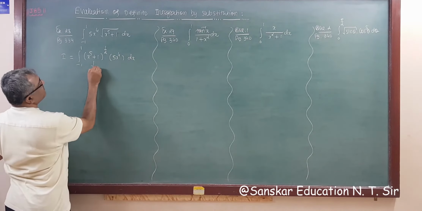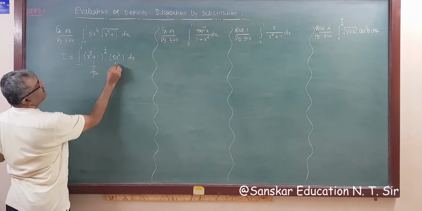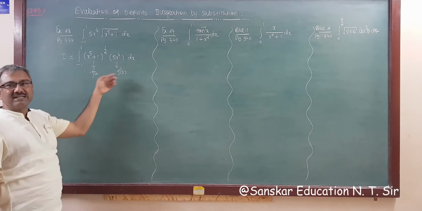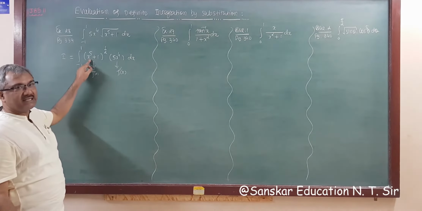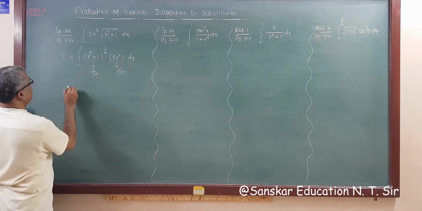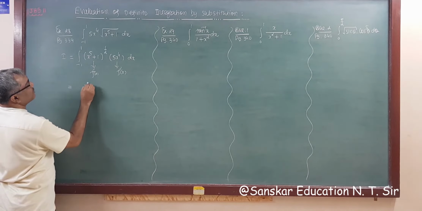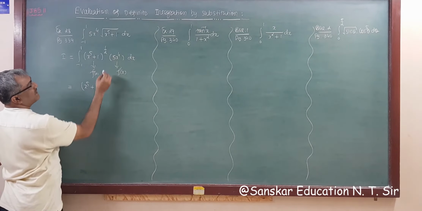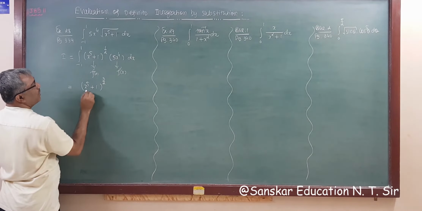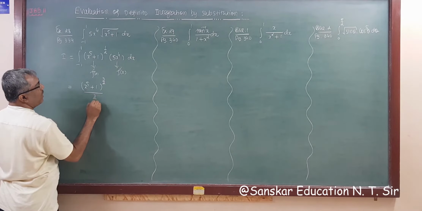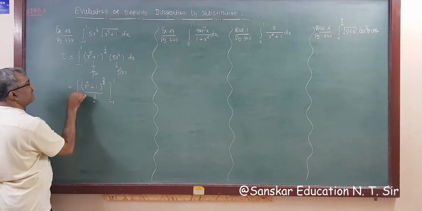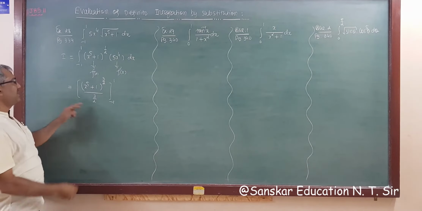If we consider this as f(x), then this is your f'(x). Applying the formula of f(x) into f'(x), the answer is one power more. So x raised to 5 plus 1 raised to one power more, half plus 1 is 3 by 2, upon 3 by 2. And the limit is from minus 1 to 1. So this becomes 2 by 3.